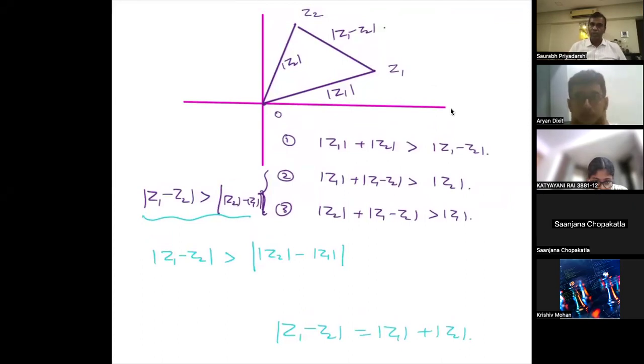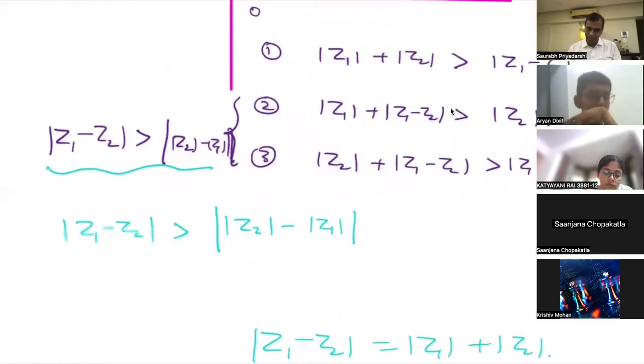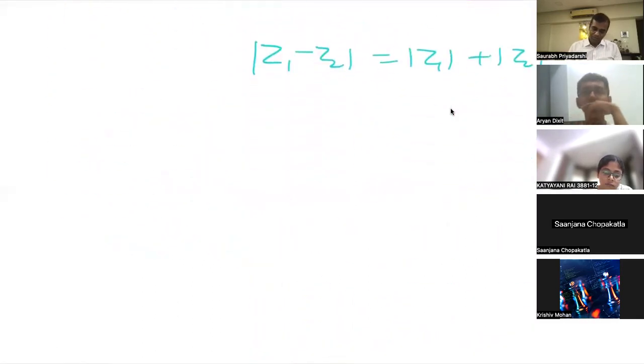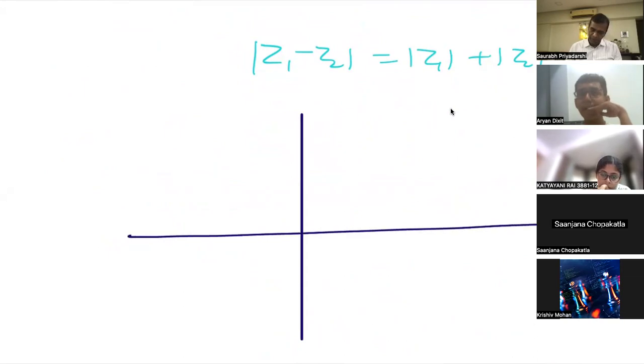Very good, Utkarsh. See, we have to see with the geometry only. For example, if you take a triangle with side lengths 3, 4, 7, then 3 plus 4 equals 7, it's a straight line. Okay, good.